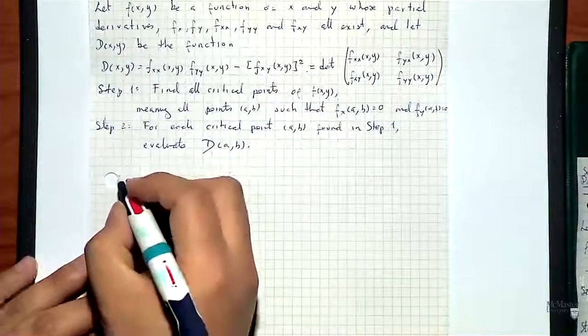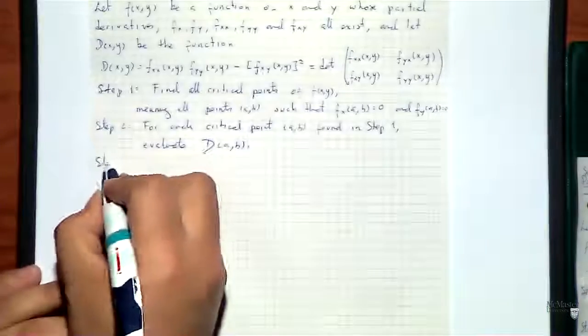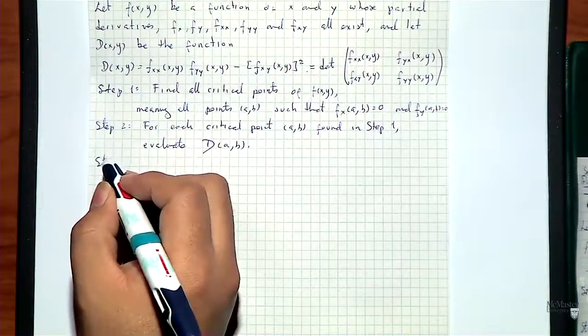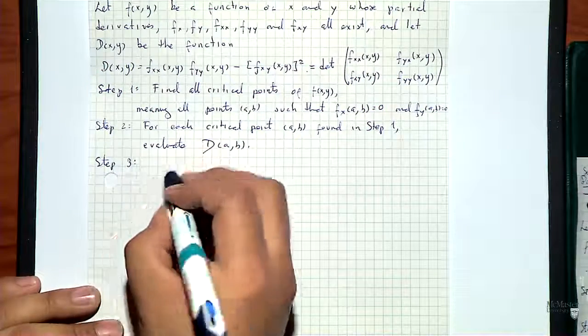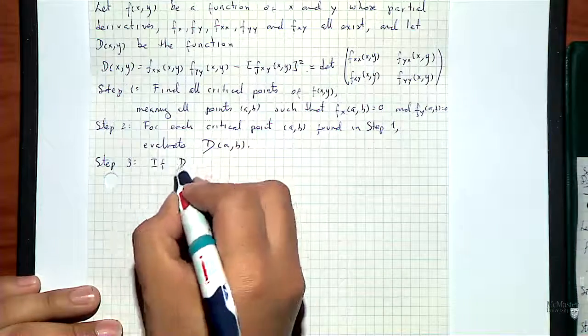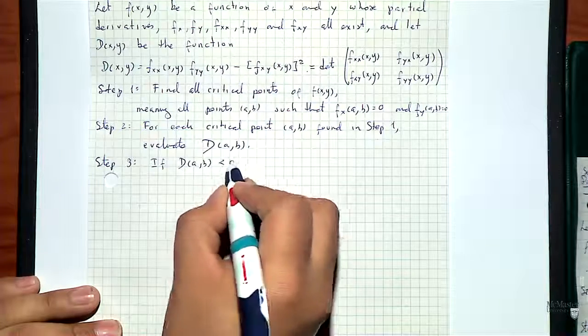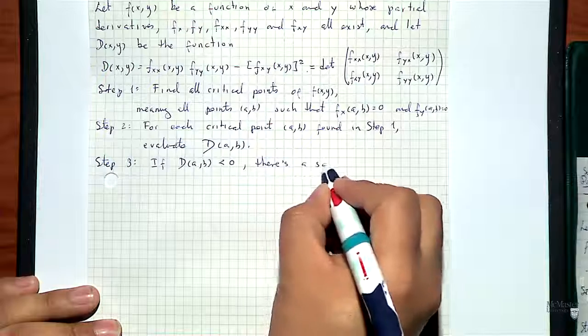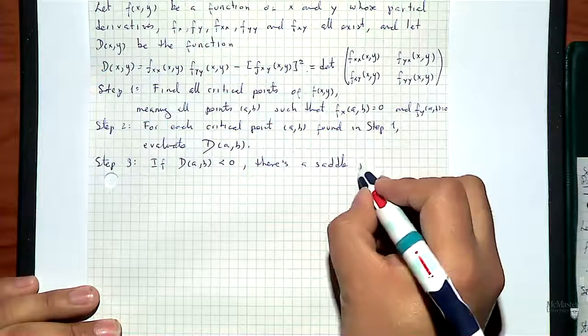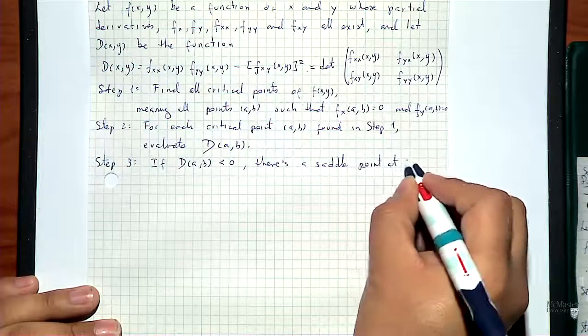Now, here is where the sign will be important, the same way some sign was helpful in functions of a single variable. So if D evaluated at a comma b is less than 0, there is a saddle point at a comma b.